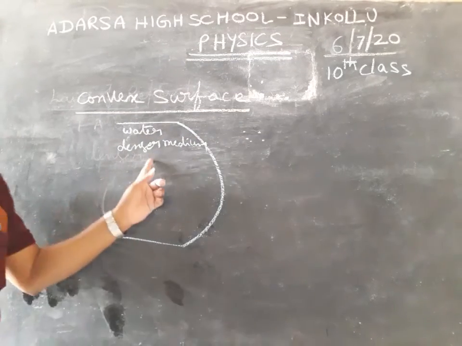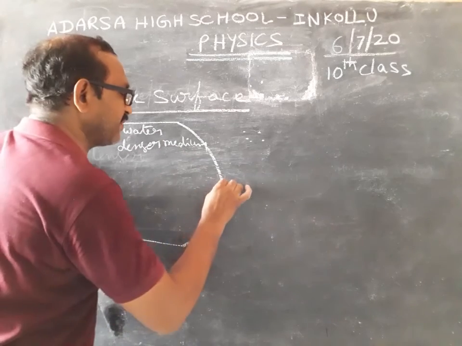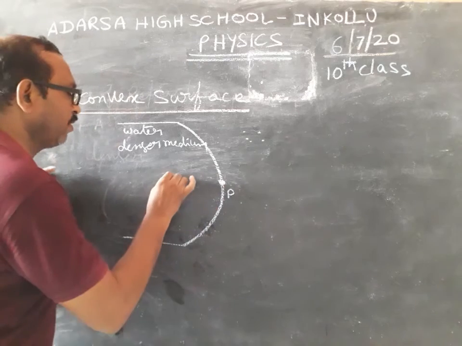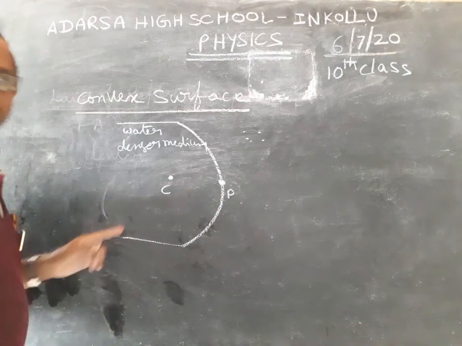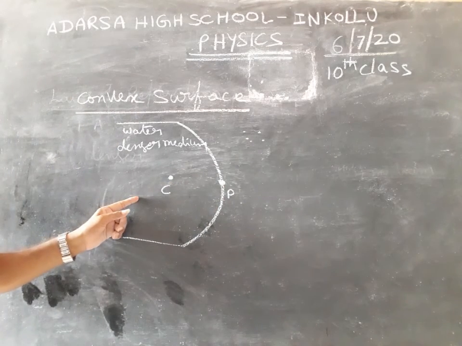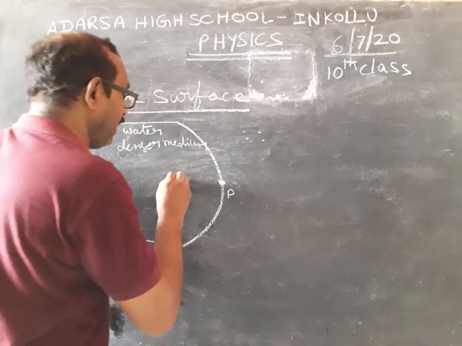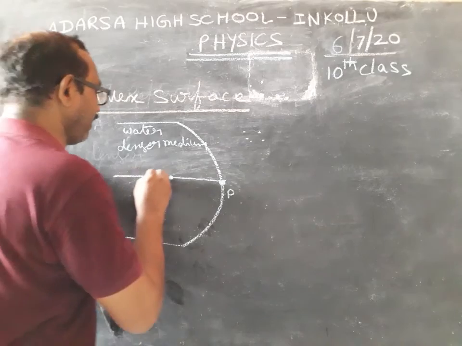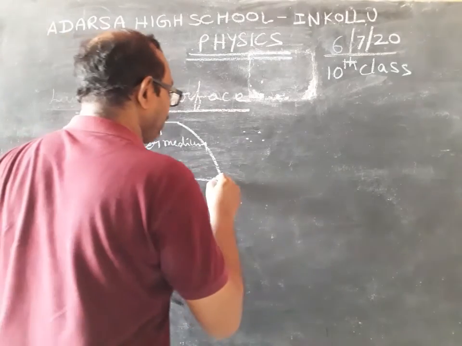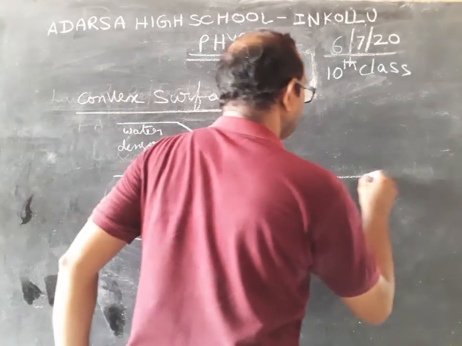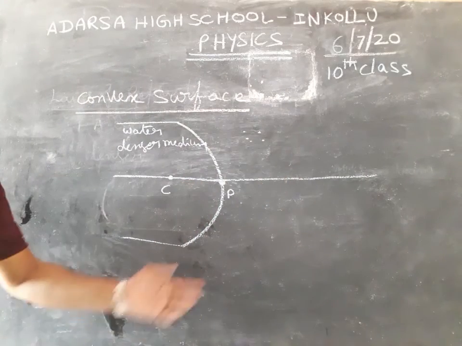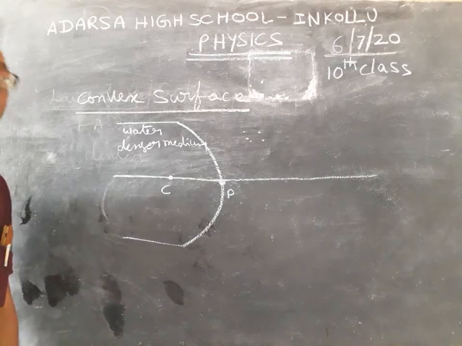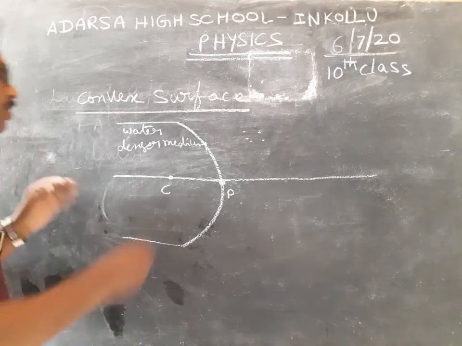What is this one? Pole. What is this? Center of curvature. A line joining the center of curvature and the center of the surface is known as the principal axis.